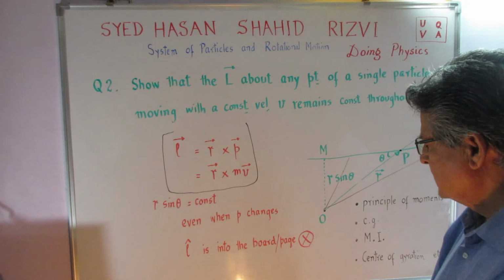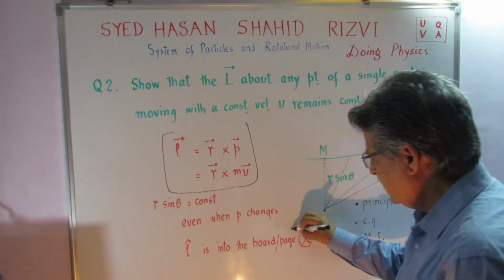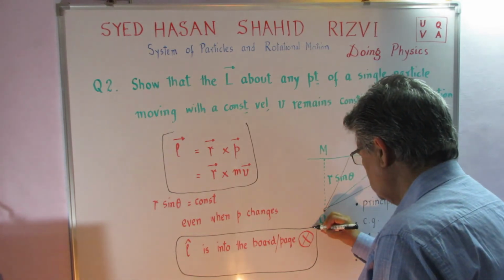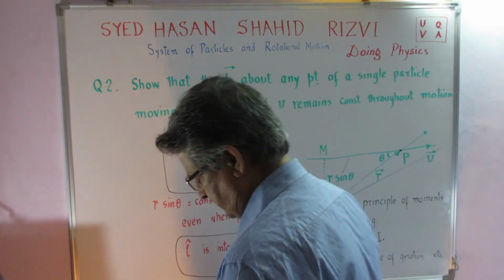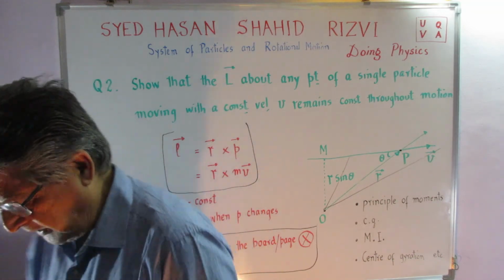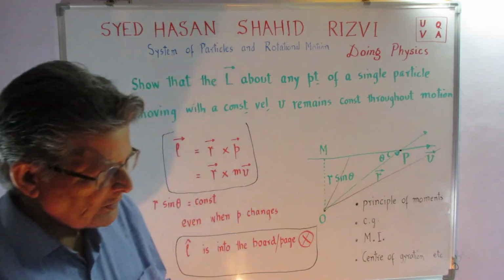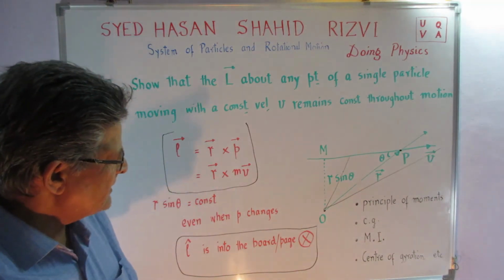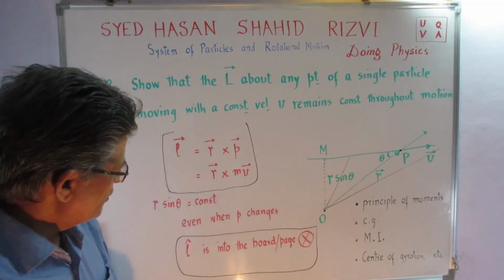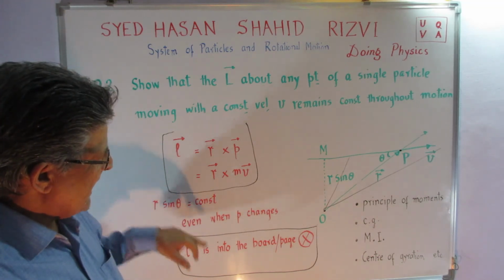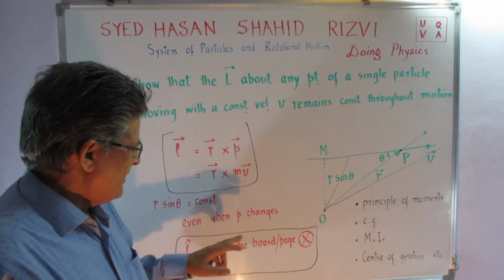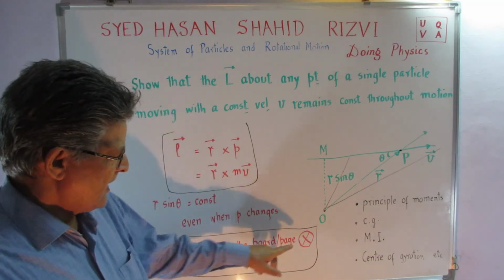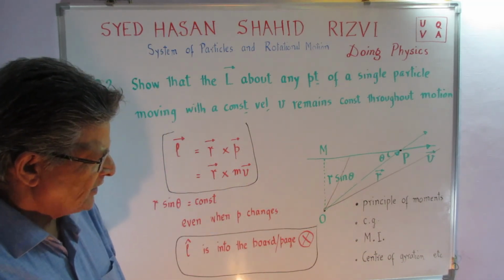Another thing is that if you look into the system that we are dealing with, A cross B, and if you work it out with the right-handed system, you will find, and I am leaving this to you, that L cap, the unit vector, is into the board, into your page. Try and enjoy that.